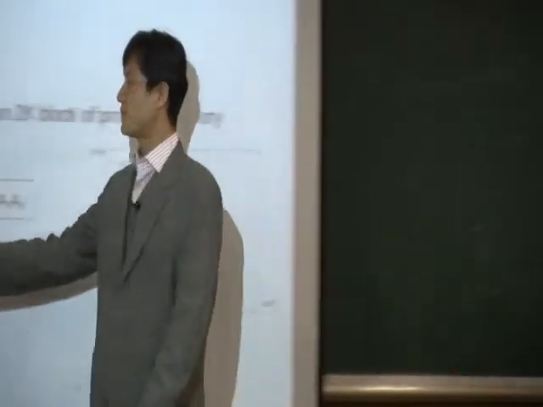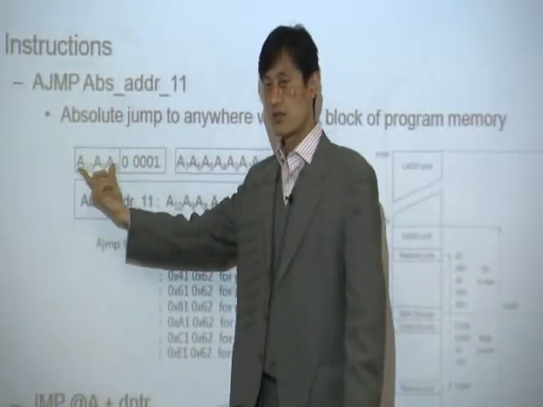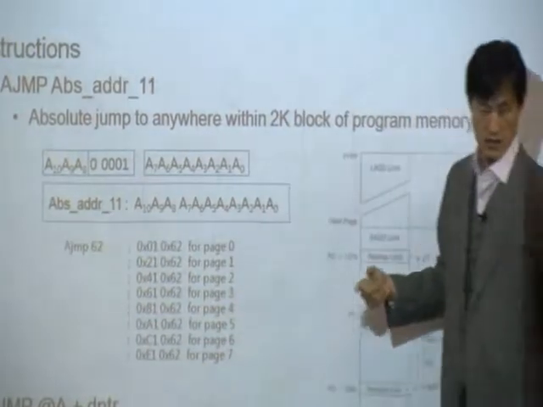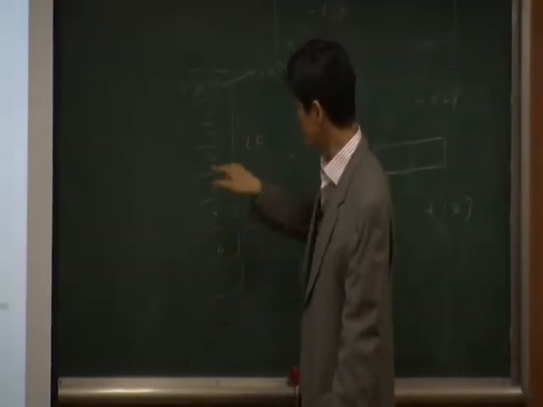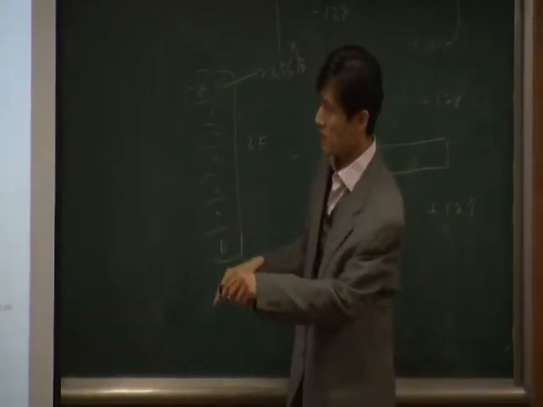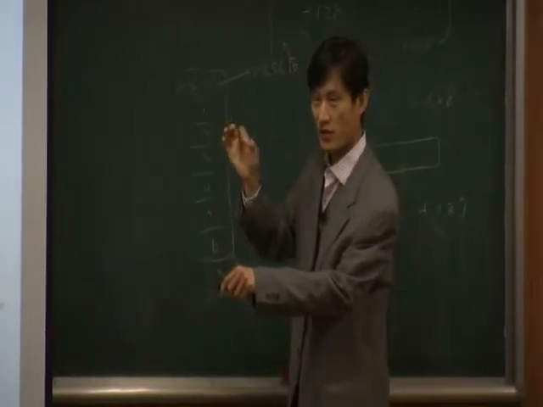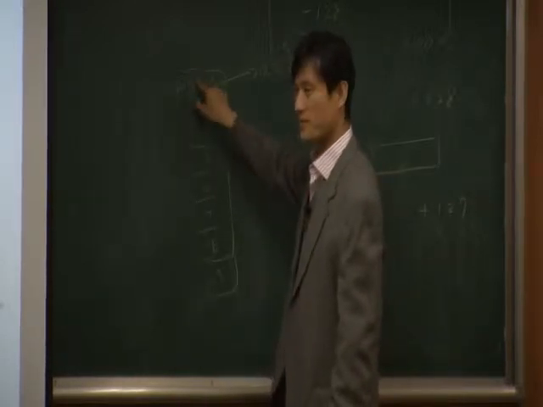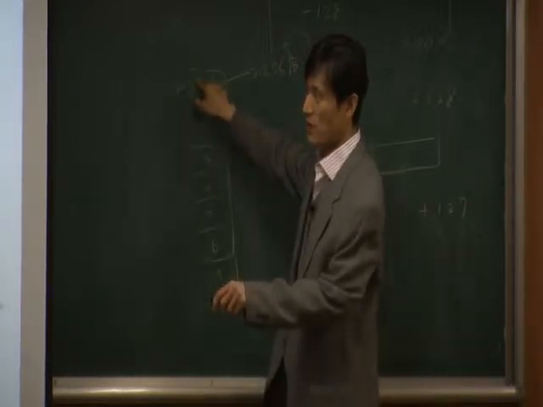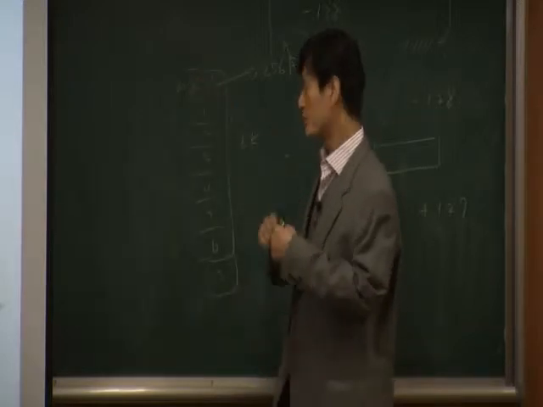And using these first 3 bits, you find out which page you want to jump to. If those 3 bits, for example, are 0, 0, 0, then I'm going to jump to page 0. If they are 1, 1, 1, then I want to jump to page 7.